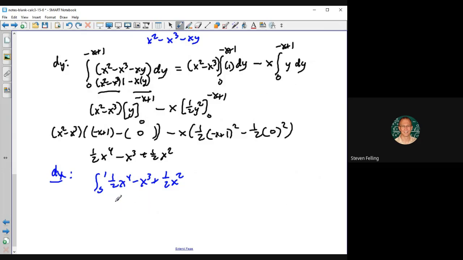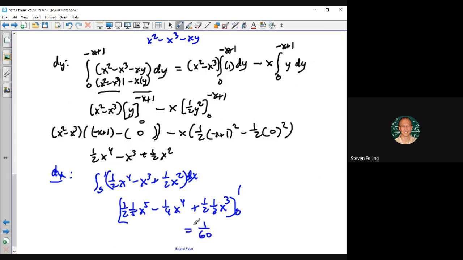It's going to be 1/2 times 1/5 x to the 5th, minus 1/4 x to the 4th, plus 1/2 times 1/3 x cubed, all of that evaluated from 0 to 1. When you plug 1 and 0 in, you can test and try this if you want. I got 1/60th when I was done.